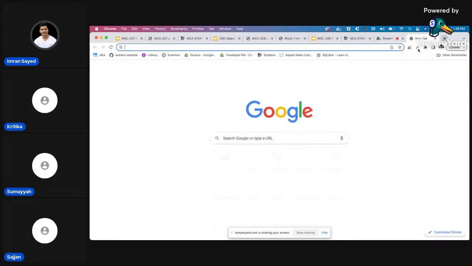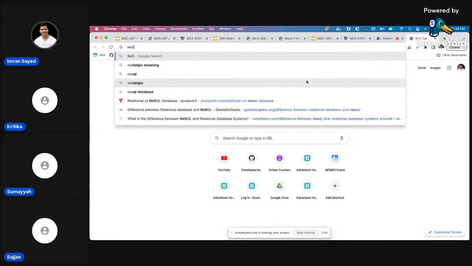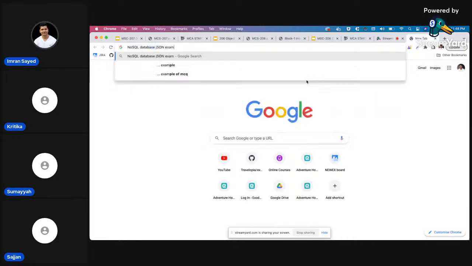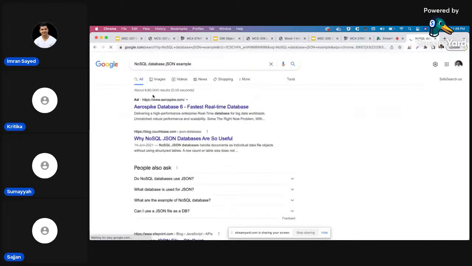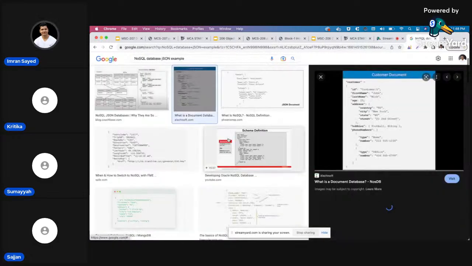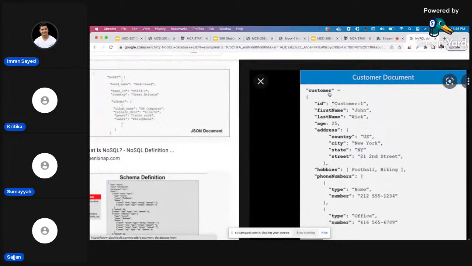So let me just show you a NoSQL database JSON example. Yeah, look at this. How simple it is. Customer, you have ID, first name, last name, key value pairs.